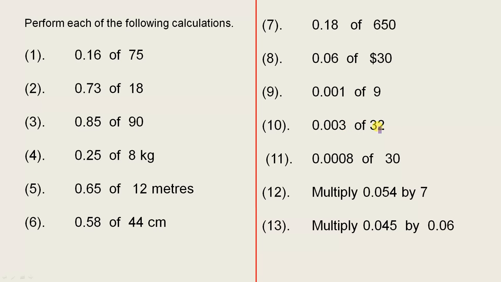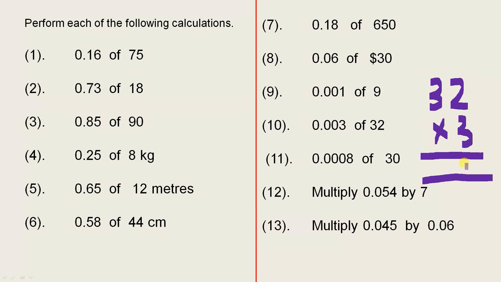So for this one, just do 32 times 3. That's all you have to do. Find your answer, whatever that is, and then you'll notice here 1, 2, 3 digits after the decimal point, so in the answer you'll have 3 digits after the decimal point.